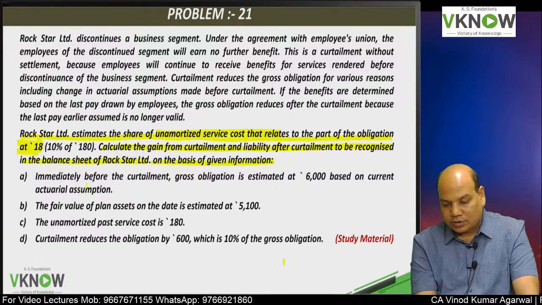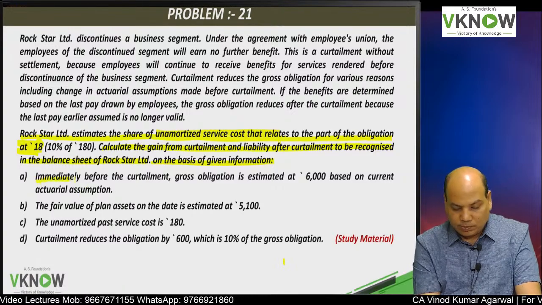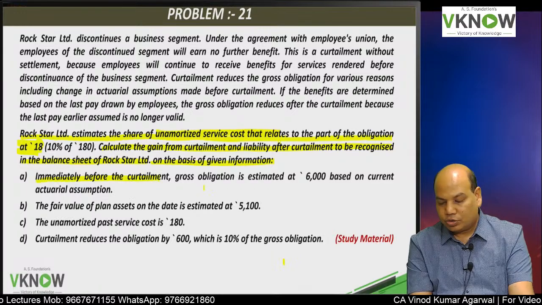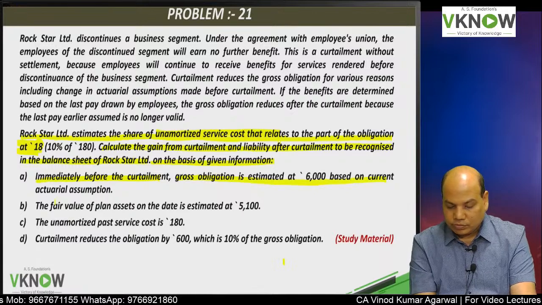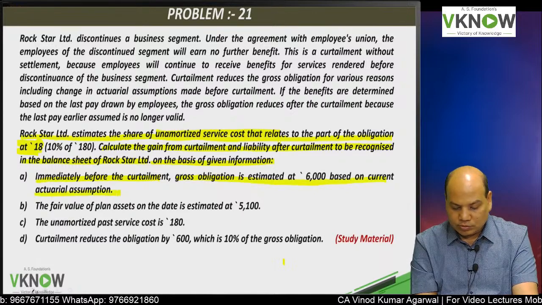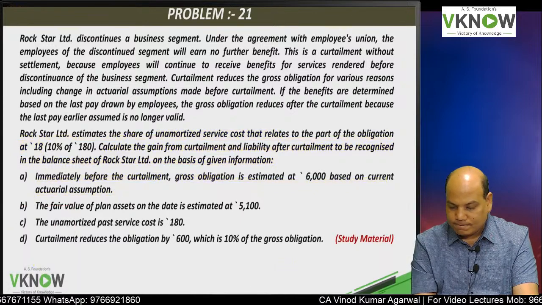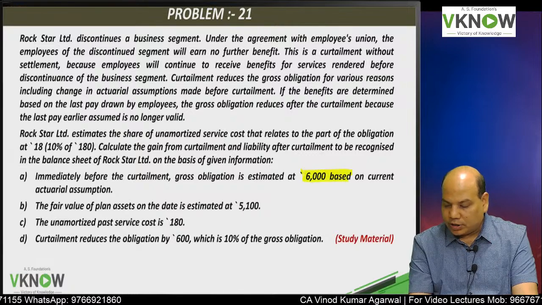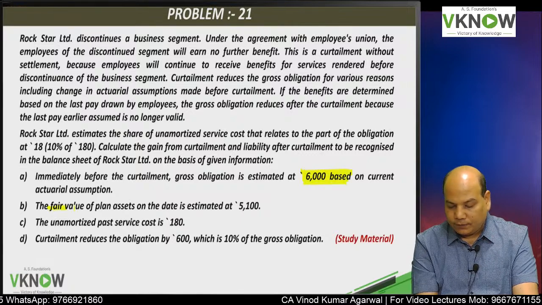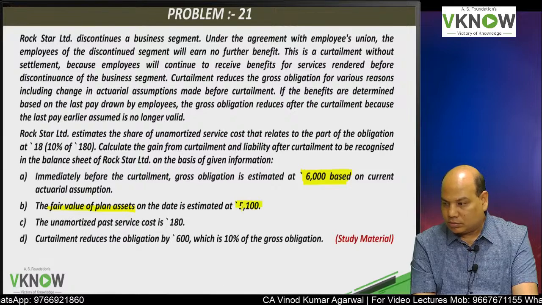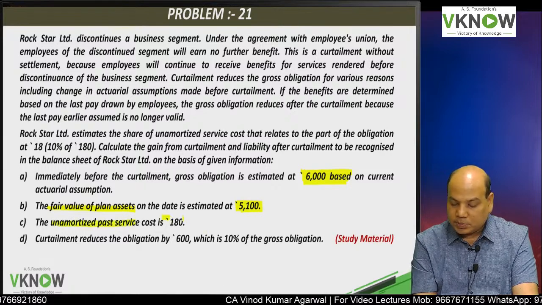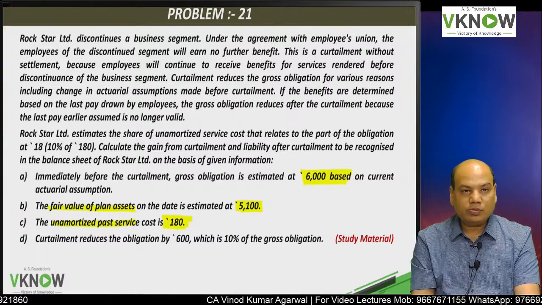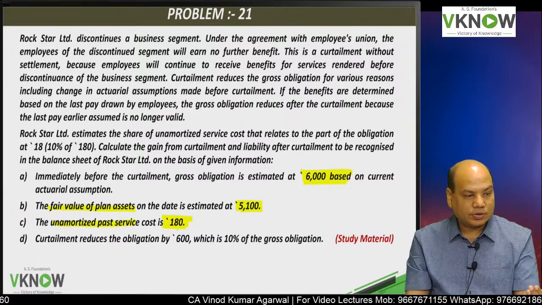Some details are given. Immediately before the curtailment, gross obligation is estimated at 6,000 based on actuarial assumption. So your liability before curtailment is 6,000. Fair value of the plan asset before curtailment is 5,100. Unamortized past service cost is 180, similar to the previous question.